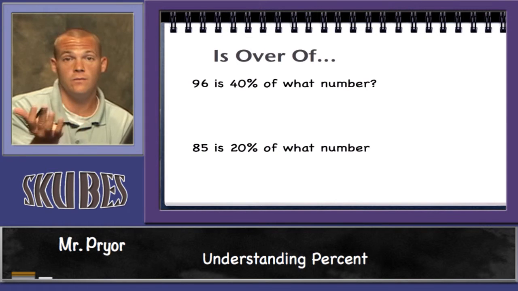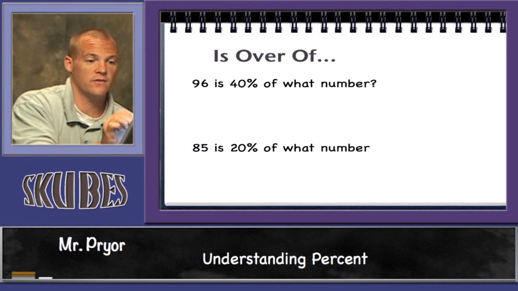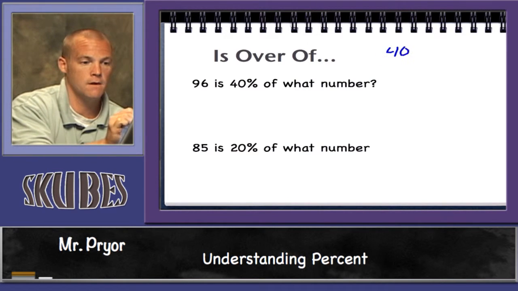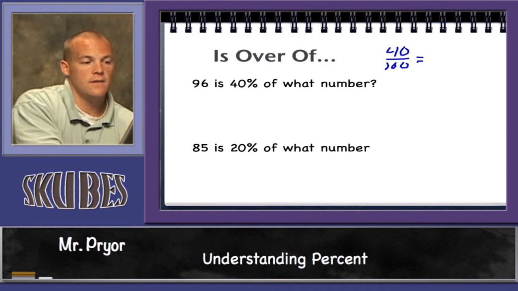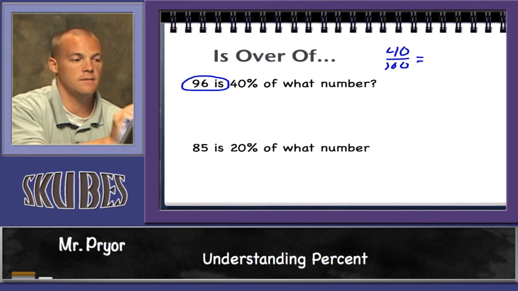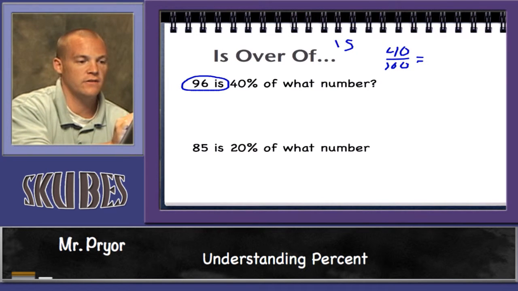Again, the good news is we know how to do the percentage. The percentage is going to be 40 over 100 for the first side of our proportion. Now we can see that 96 is directly next to is. So we know then, because we use the strategy is over of, that 96 will go on top.